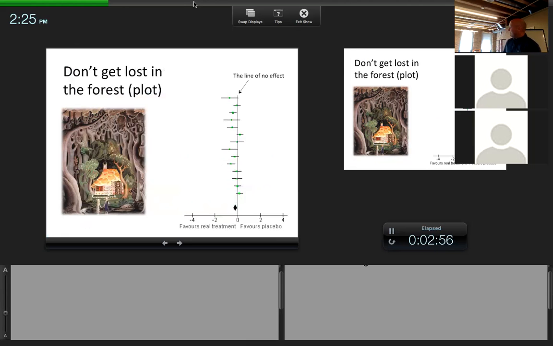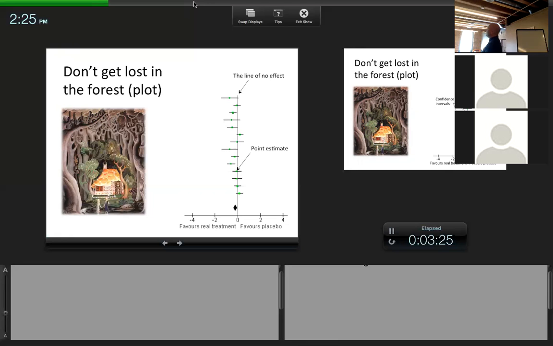And then we have our horizontal axes, which is our score on whichever outcome measure we want. So in this instance, it's a pain visual analog score. So if we're moving this way into the minuses, less pain is good, okay? So that favors the treatment over the placebo in this instance. And if we're moving in this way, i.e. that actually pain scores were higher in the treatment group than they were the placebo group, that favors the placebo. Does that make sense?